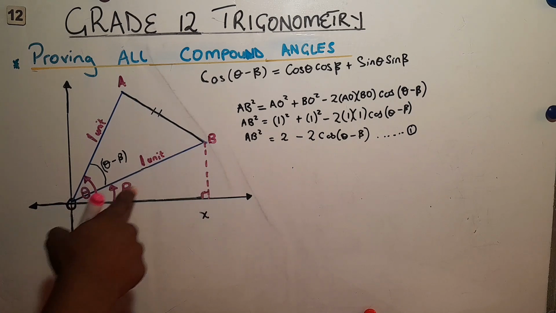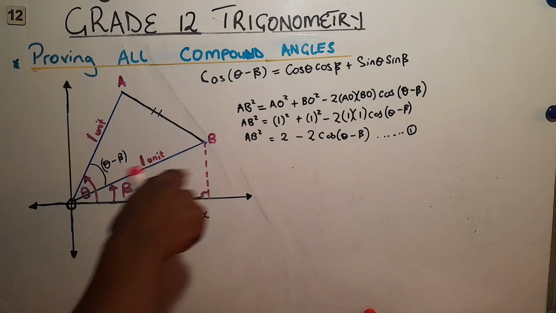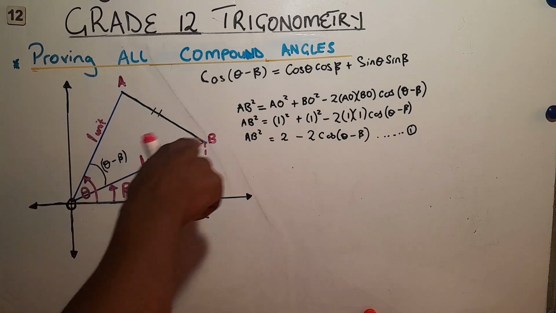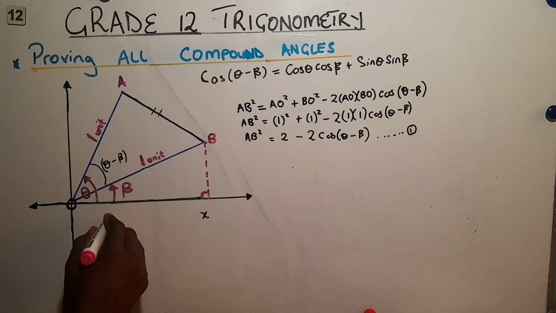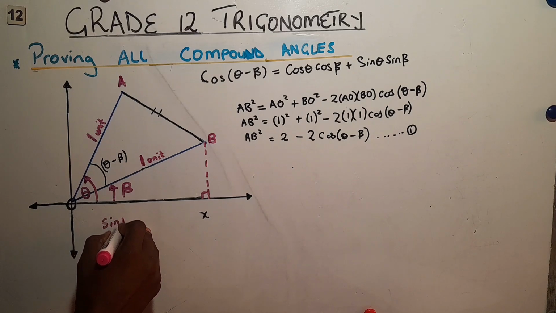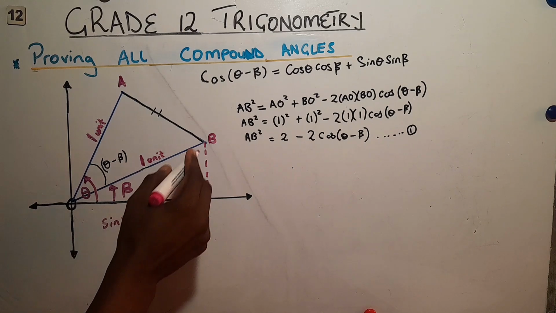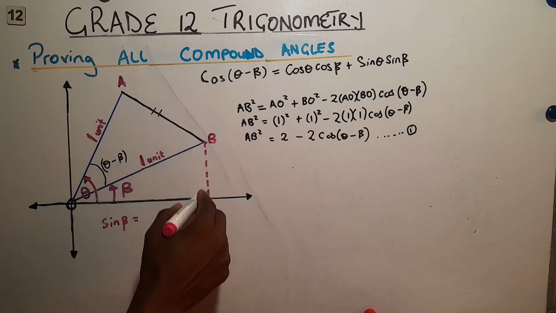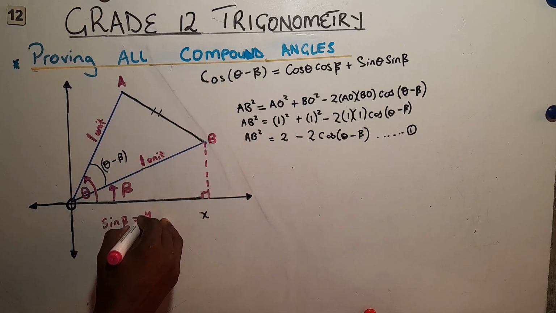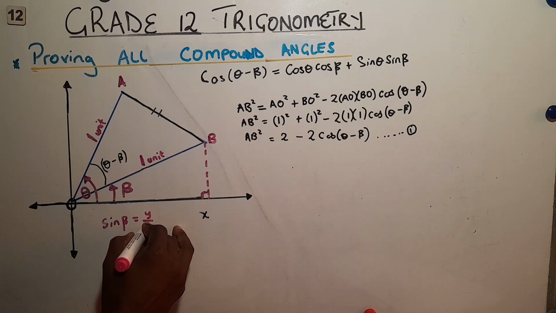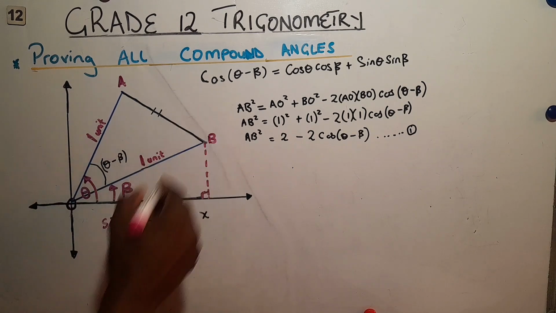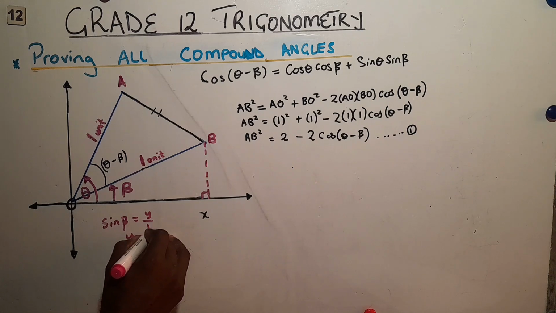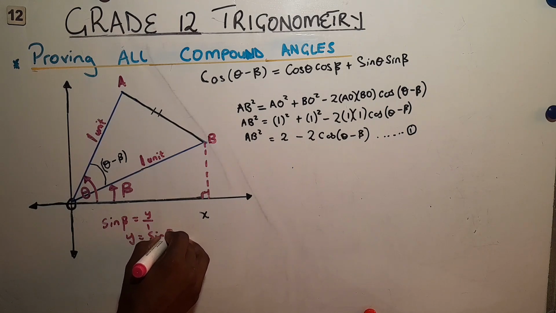So if we are trying to find this side while having the hypotenuse there, we can say sine of beta is the same as opposite, which is this line, the y line, over 1, which makes y the same as sine of beta.